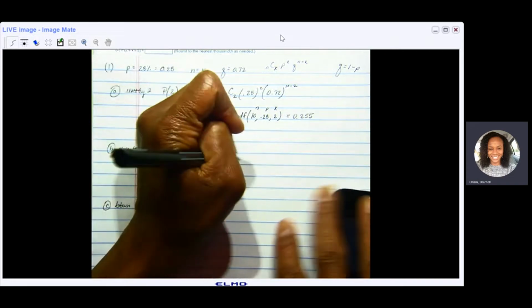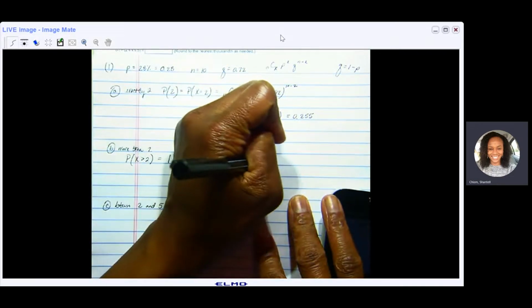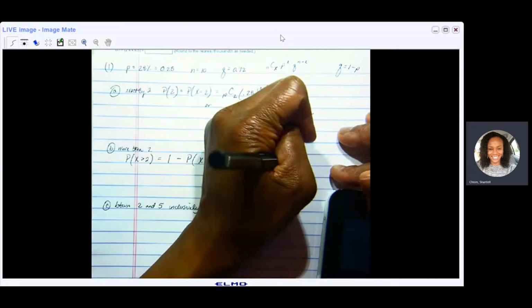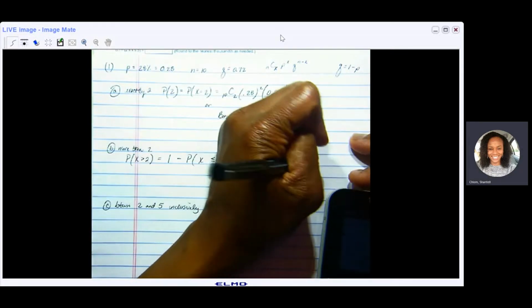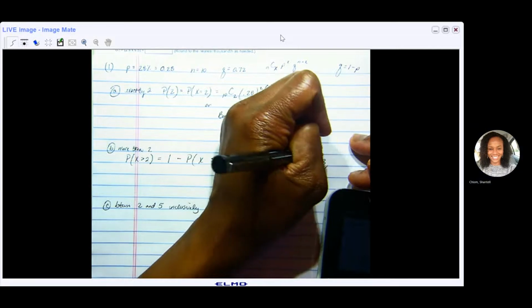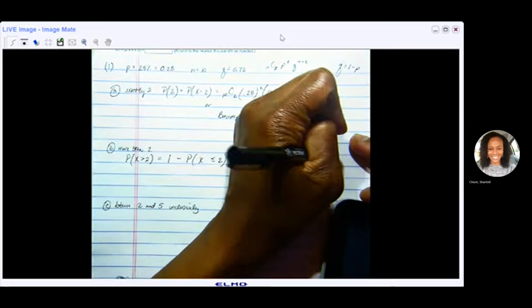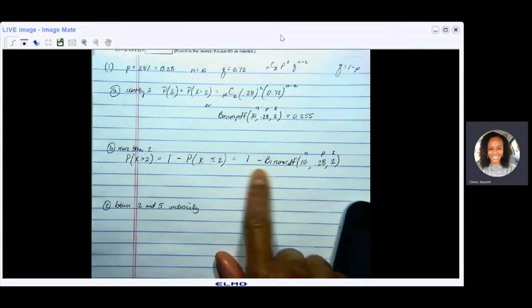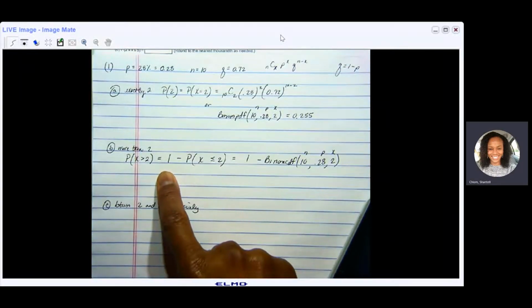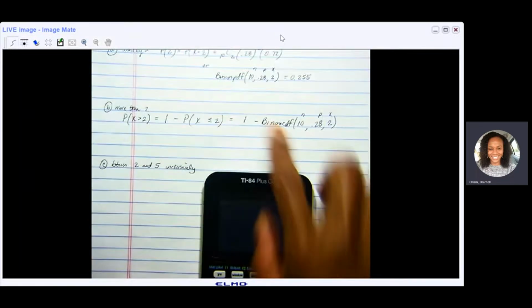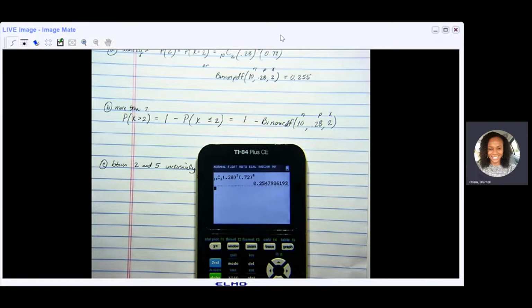And then we're able to do 1 minus binom CDF, where the N is 10, the P is 0.28, and the X is the 2 right there. And we put 1 minus in front of it because remember, we're writing it in an equivalent form. So when you type that in, make sure you type 1 minus first.